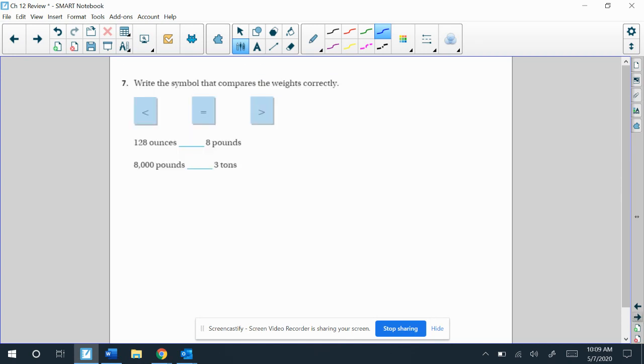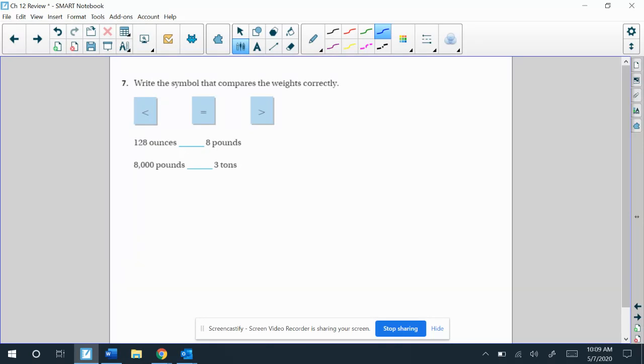Here's the next question. Give this one a try. All right, let's see how you did. Write the symbol that compares the weights correctly. Well, I have ounces, pounds, tons.